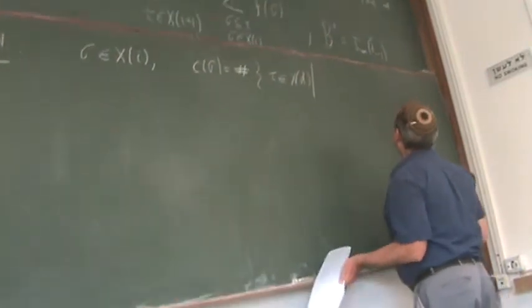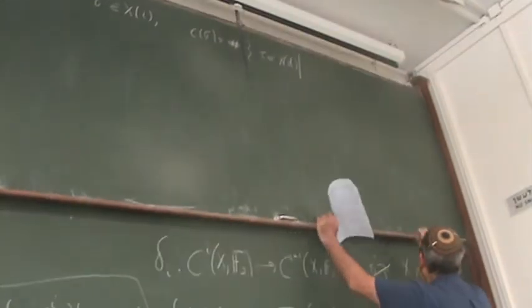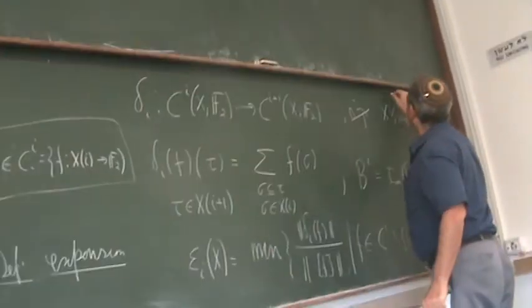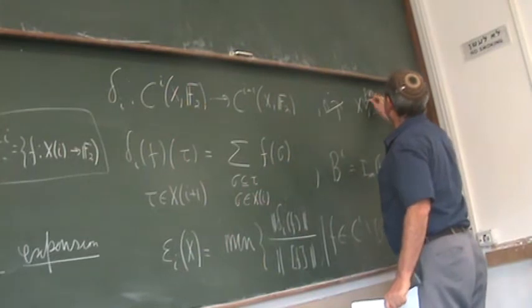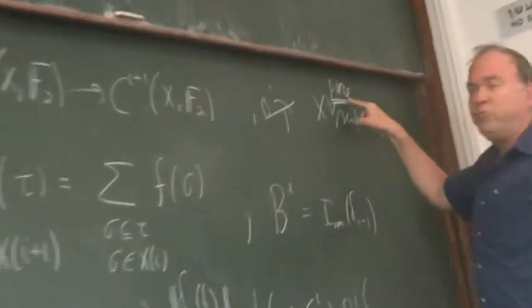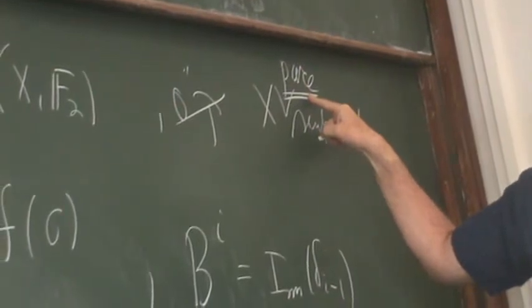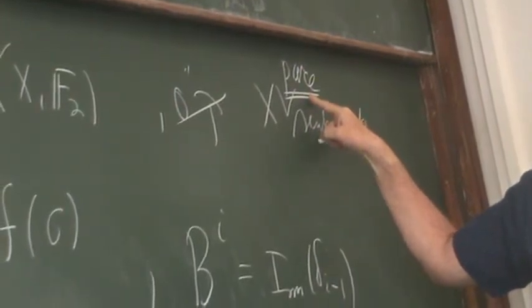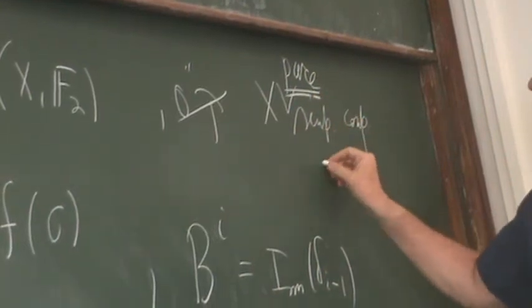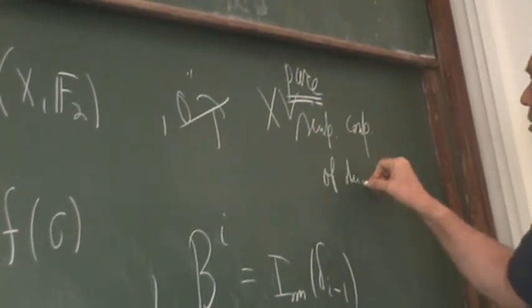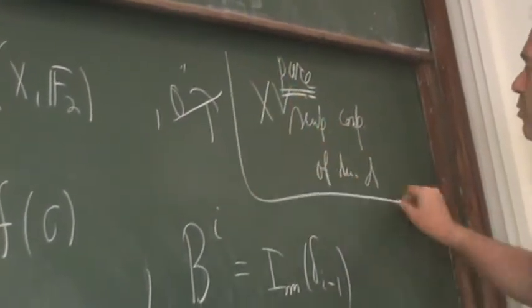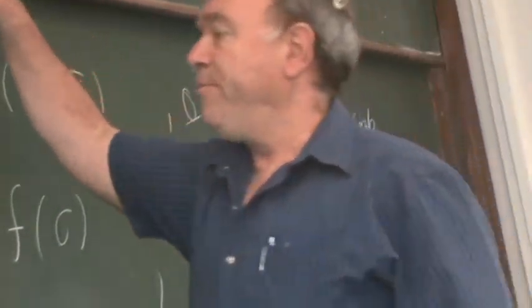Maybe I should say at the beginning that X is a pure simplicial complex of dimension d; pure means that the maximal simplices are all of the same dimension.